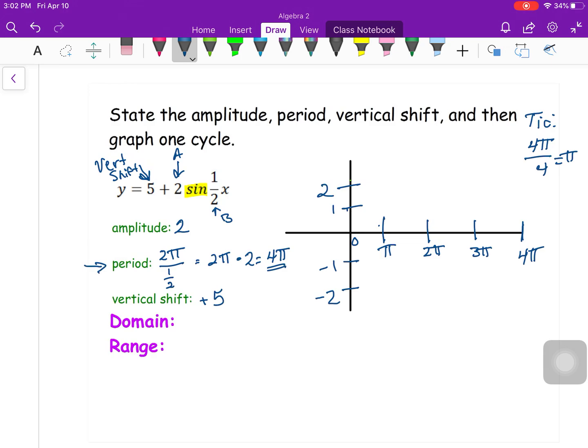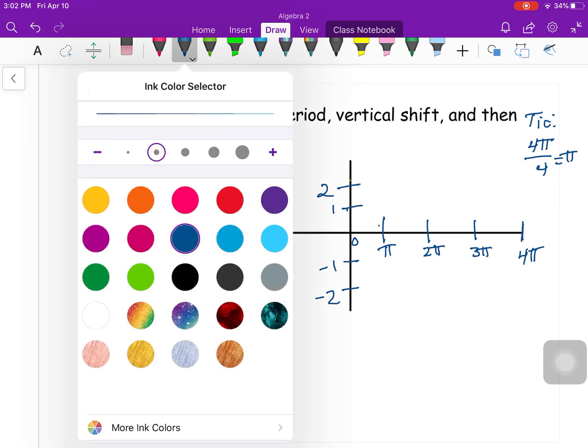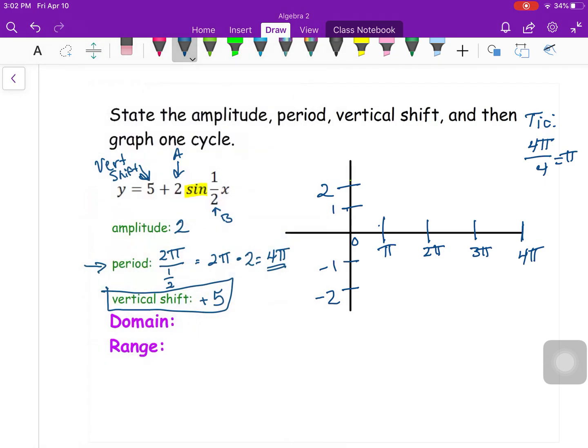Now, I would normally just start plotting my points, but I have this vertical shift of 5. So I am going to first have to shift my axis up 5: 1, 2, 3, 4, 5.